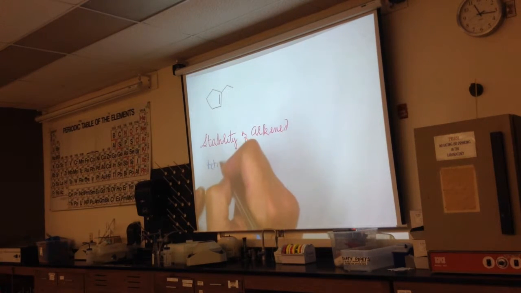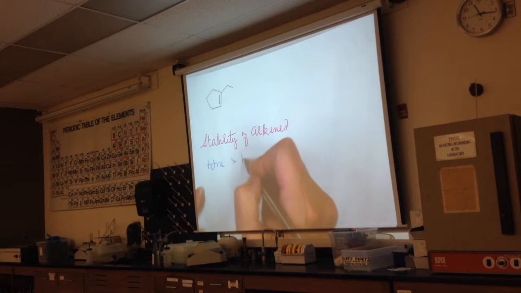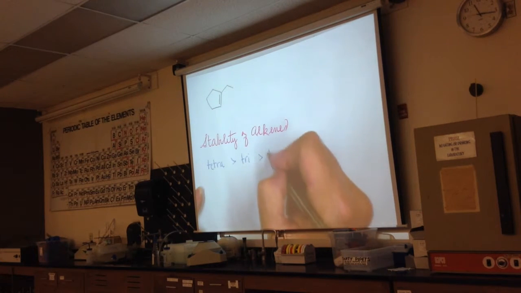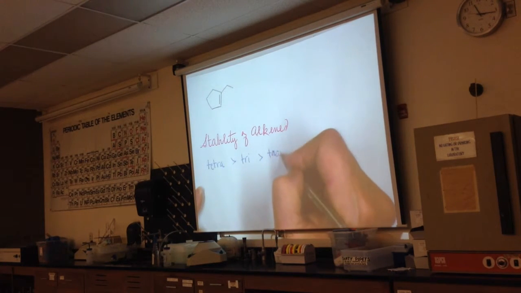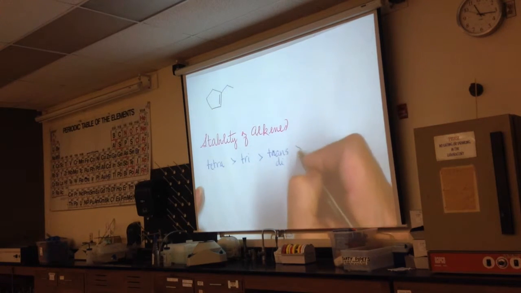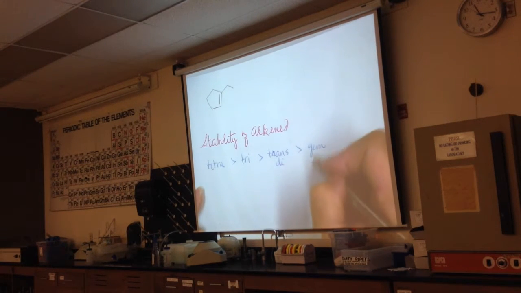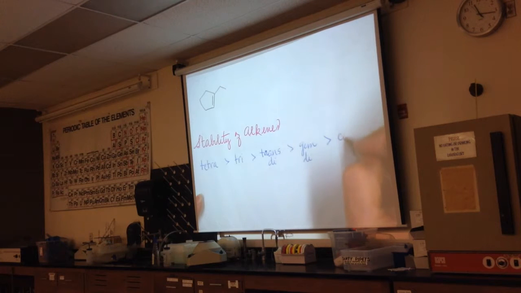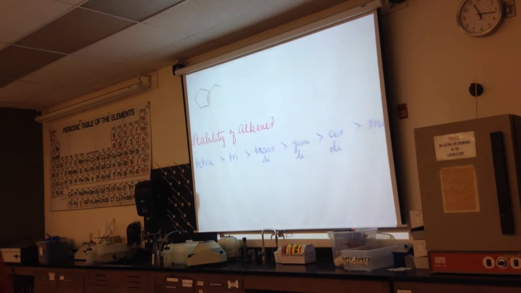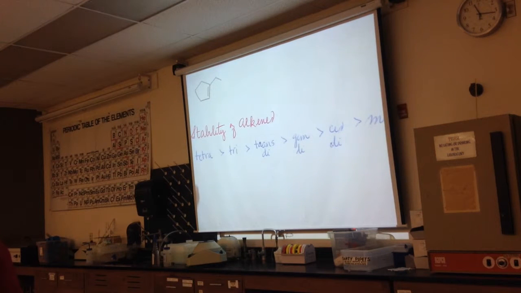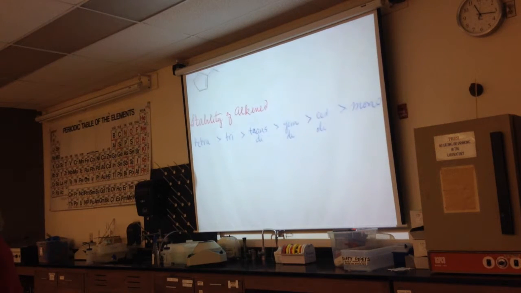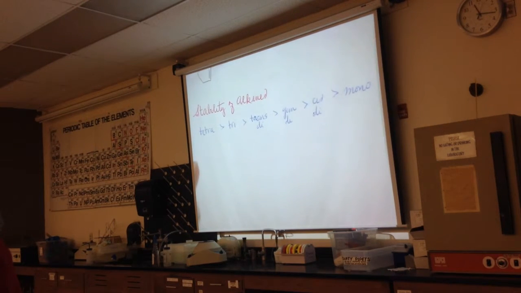Tetra, it's more stable than tri, more stable than trans-di, more stable than gem-di, more stable than cis-di, more stable than mono. Sorry for the abbreviations if this is your first time hearing this. We'll go ahead and try to put some structures with this. That's the stability of the alkenes, okay?